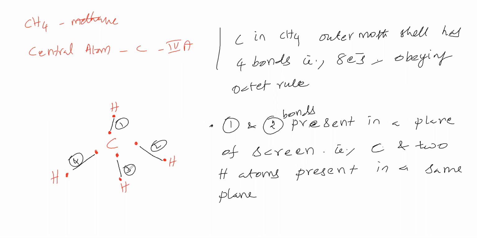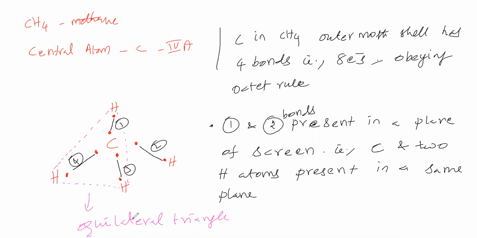We will join any 3 hydrogen atoms, from this hydrogen to this hydrogen to this hydrogen, then to this hydrogen. Like this, if you join any 3 hydrogen atoms, what shape will you get? An equilateral triangle.